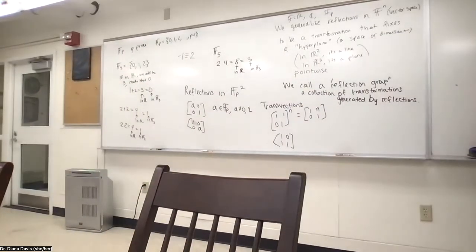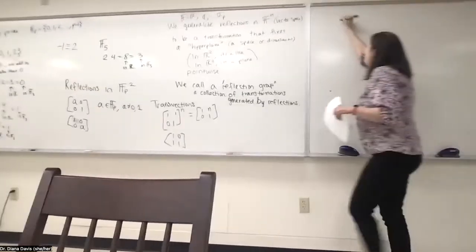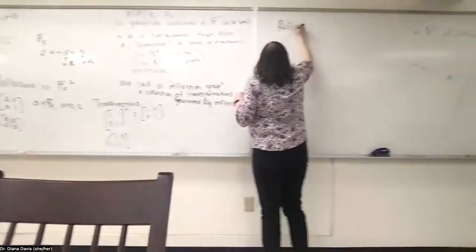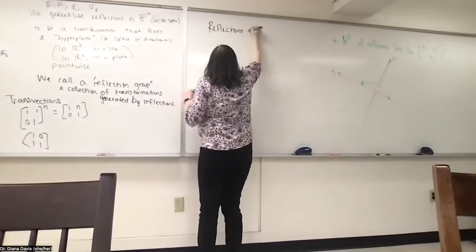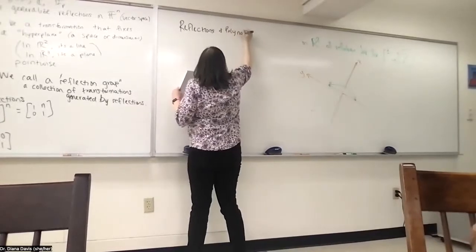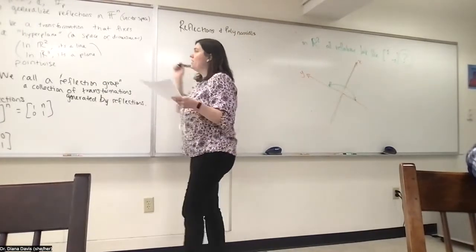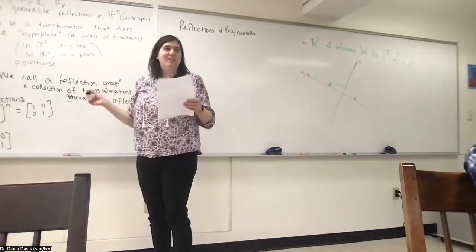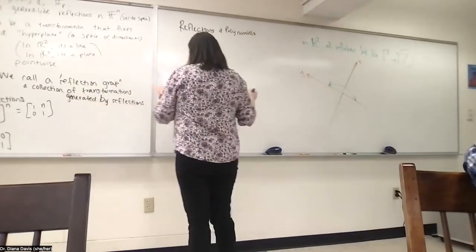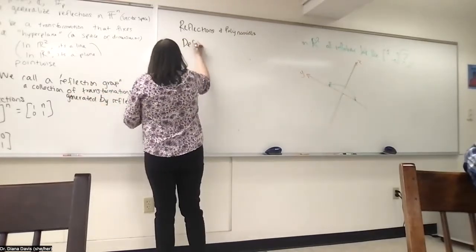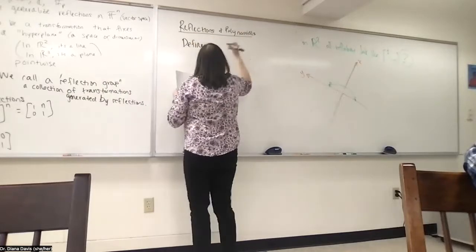So now we're going to talk about reflections and polynomials. So we know that you can multiply a matrix times a vector, and that we call an action. But we can also define functions so that we can have an action on functions too.